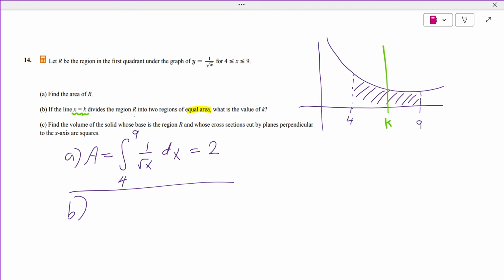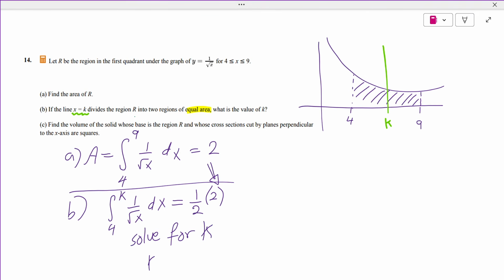So to find what K is, you can find the area of the first half of the region. It goes from 4 to K of the function 1 over root of x dx, which is equal to half of the total area, which we just found. So half of 2, which is 1. Okay, solve for K in your calculator.